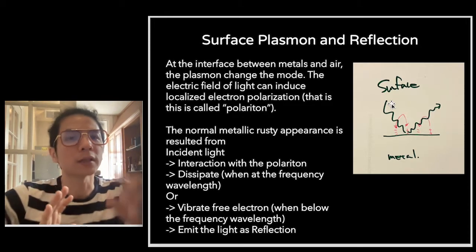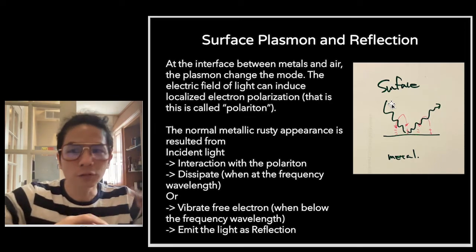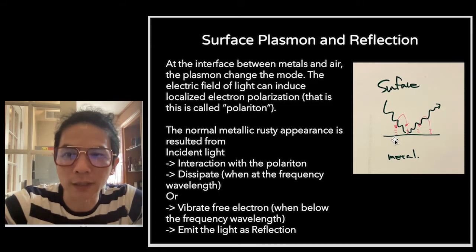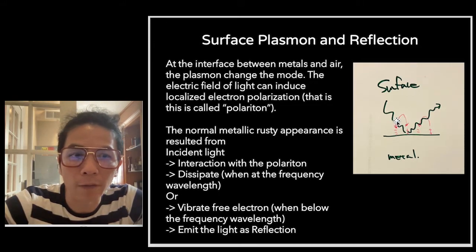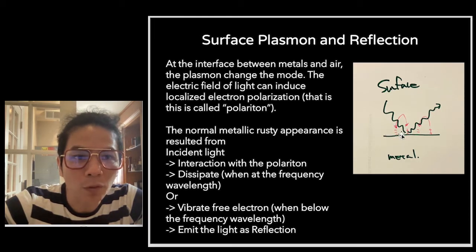But anyway, you can imagine that the electric field can create electronic localization on the surface, and as a result you see this type of polarization of the electronic state.